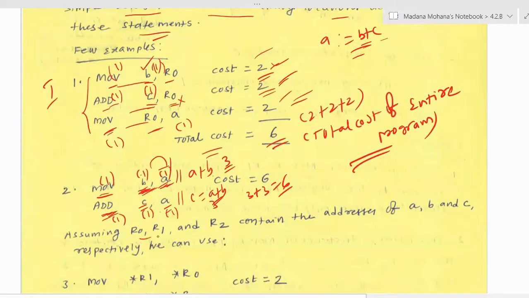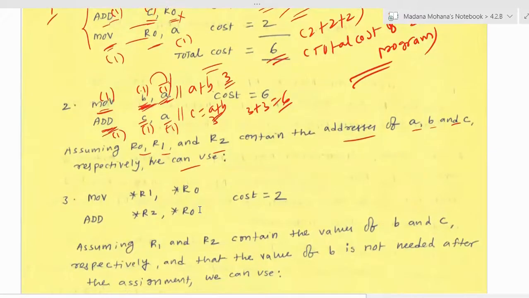So assuming here R0, R1 and R2 contain the addresses of A, B and C respectively, we can use the other representation. Now you can see move pointer R1 comma pointer R0.